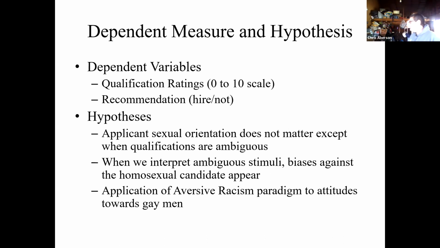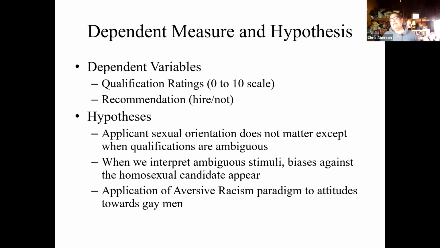What that theory states is that when it is clear what sort of evaluation people should make, when it's clear that someone is either not qualified at all or highly qualified, you won't really see any biases between stigmatized and non-stigmatized groups, because the people making the ratings realize, hey, if I rate this gay person really poorly, even though they're highly qualified, it's going to look like I'm homophobic.